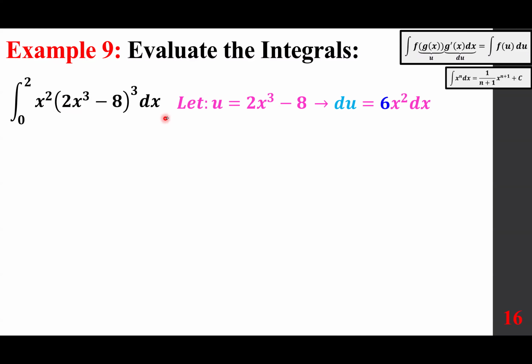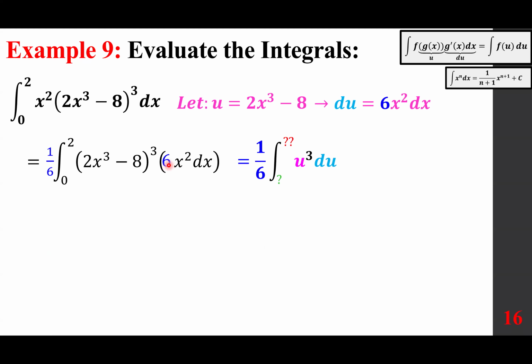Move the x squared next to dx, and we notice everything is in order except number 6 is missing. Again, you can solve for dx, or the easy way out, plug in 6, and undo it with its reciprocal, 1/6. And now we notice it is 1/6 the integral of u cubed du.